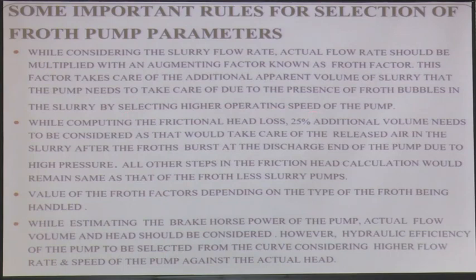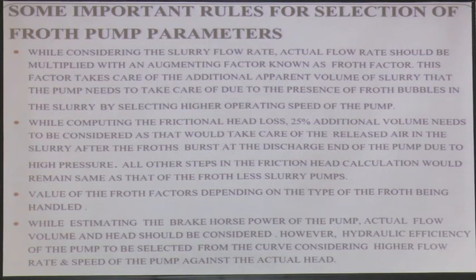Because when you are pumping froth, say 100 meter cube of froth may take a volume equal to 200 meter cube of the slurry, volume wise. So what you need to ensure is that they come very fast, right? So speed is the important criteria here.